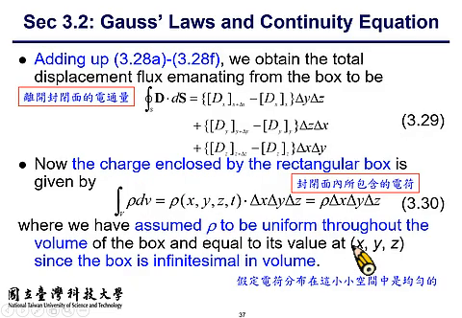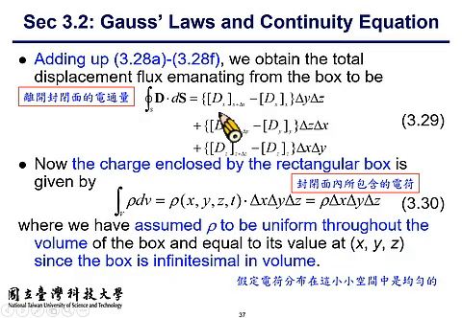And because the surfaces are aligned in the Cartesian coordinate system, they are not that difficult to express in the integral result. Okay, so equation 3.29 states the integral result of the six surfaces.